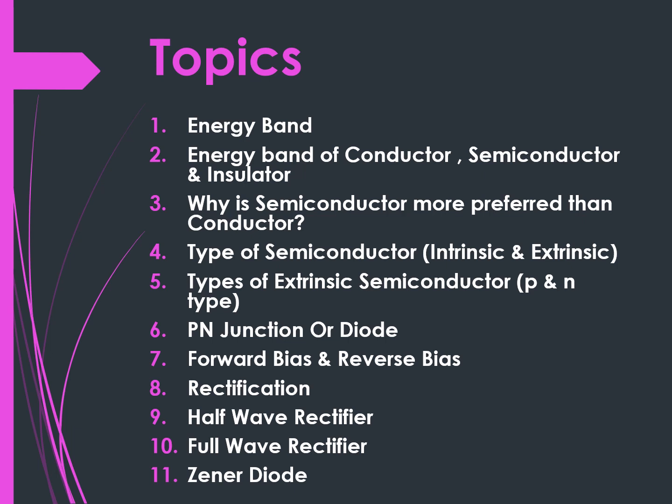Type of extrinsic semiconductor: N-type semiconductor and P-type semiconductor. PN junction or diode, forward bias and reverse bias, rectification, half wave rectifier, full wave rectifier, and Zener Diode.